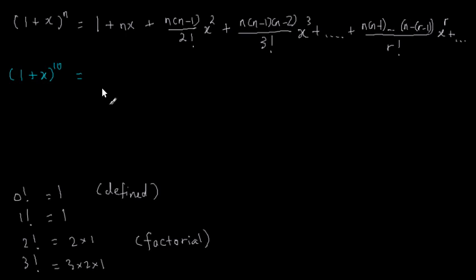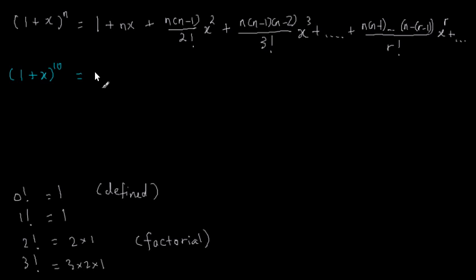If I want to use this formula, usually in problems we might have to write out the first few terms. That's usually what a problem would ask, to write out the first 2 or maybe 3 terms and then do some calculations, or maybe not.